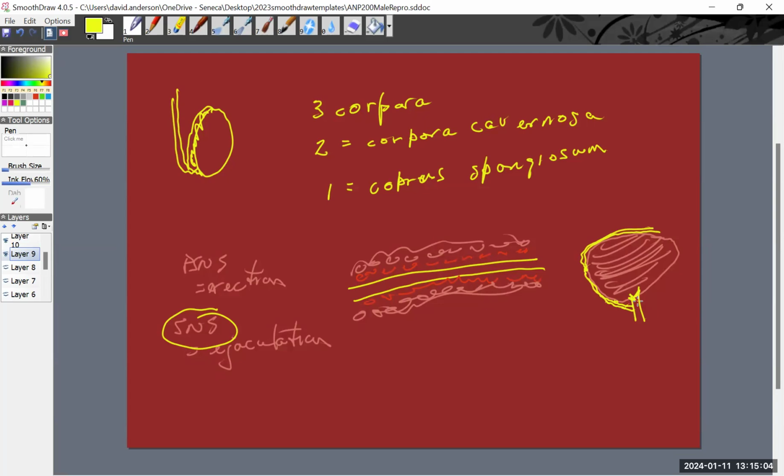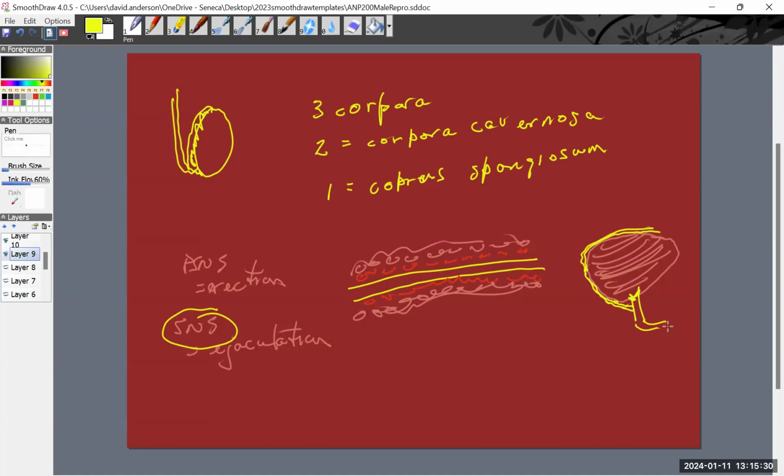So the sympathetic nervous system will be responsible for the propulsion of the ejaculate and close the valve between the bladder and the urethra. That's important to remember so that the urine doesn't mix with the ejaculate.